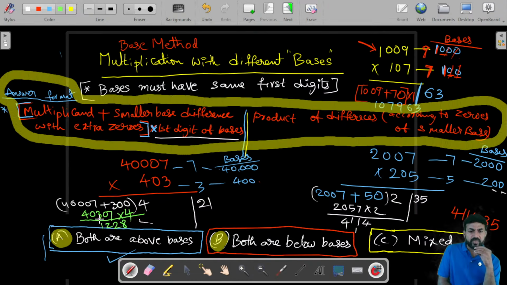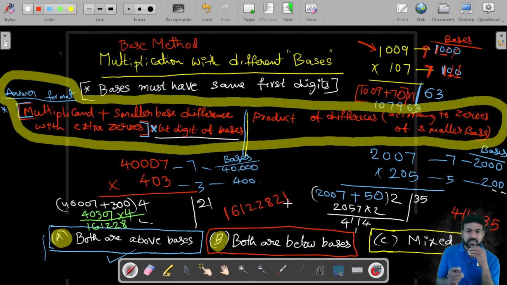You can write 12 because we have 0 here. 4 4s are 16. So 16122821 is the answer.